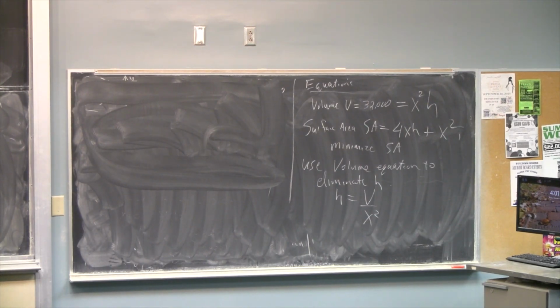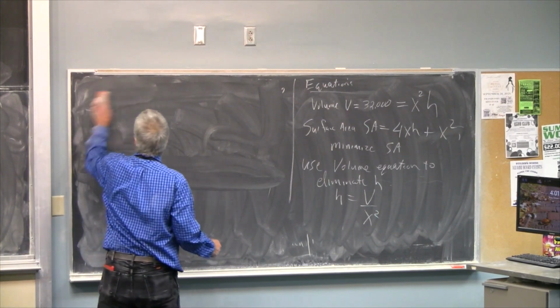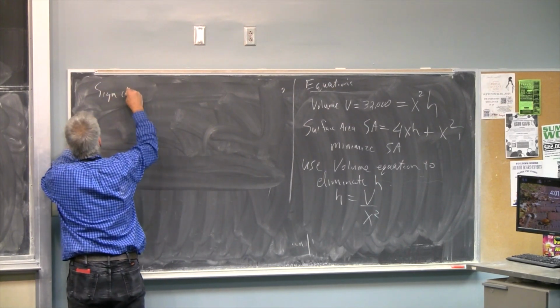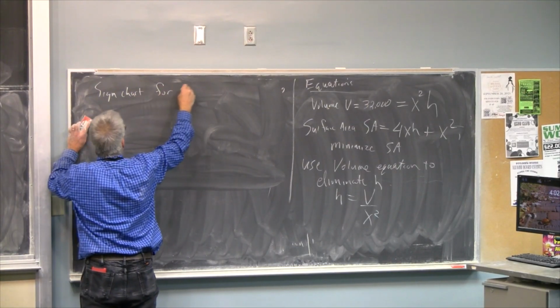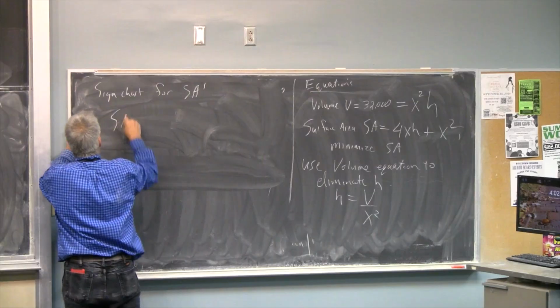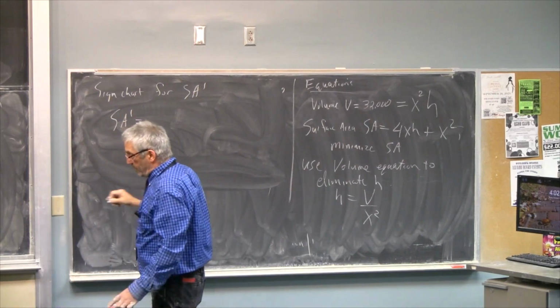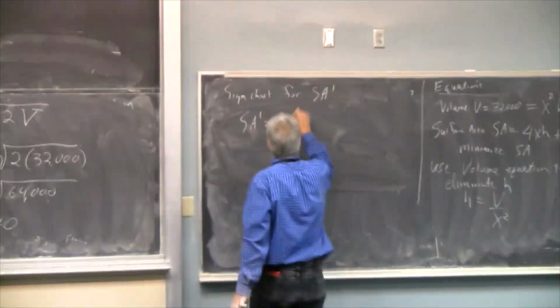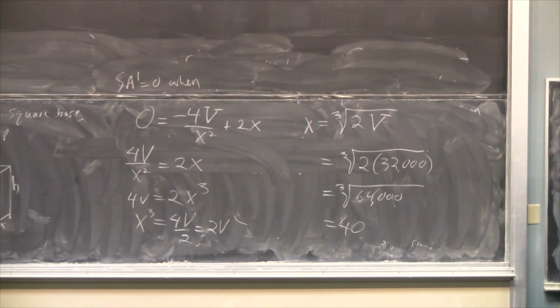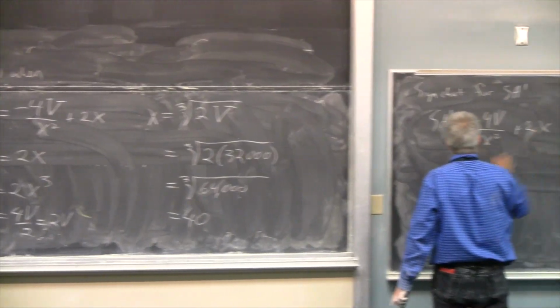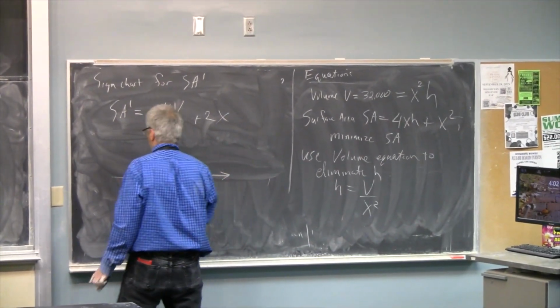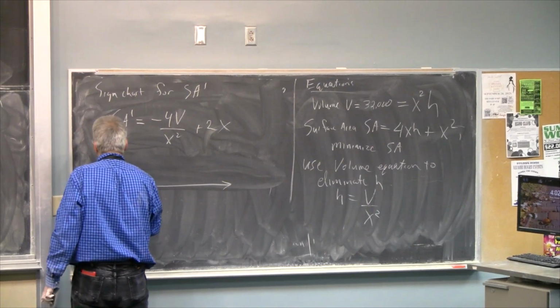So can we reason as to whether we think that's a max or a min or neither? Well, if you make a sign chart for SA prime, which is minus 4 times the volume over x squared plus 2x, that sign chart does not go past x equals 0.